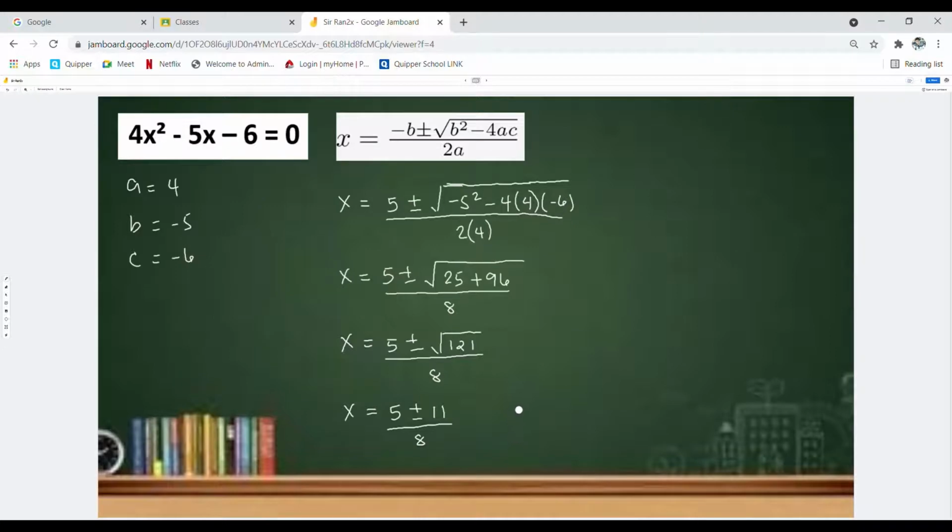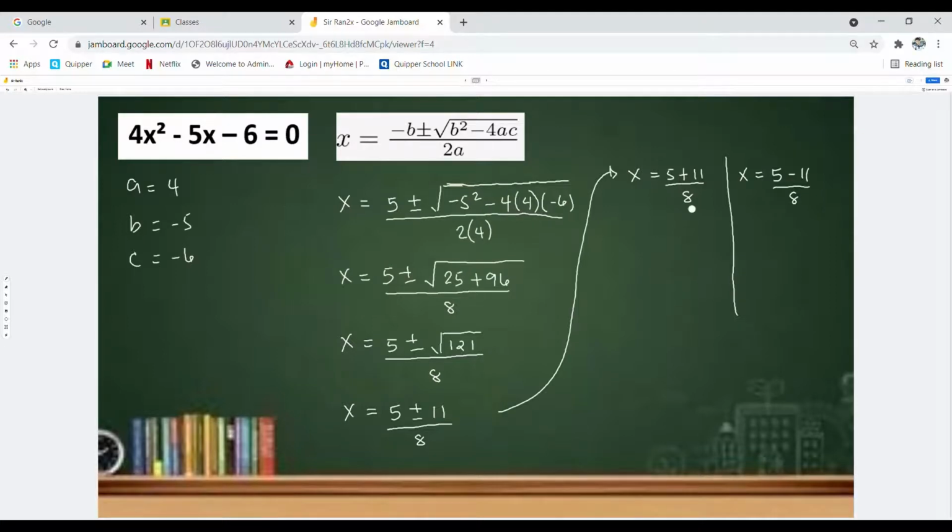So what's next to do is, of course, separate the +11 and the -11. So for your first x, you will have 5 plus 11 over 8. And for your other x, you have x is equal to 5 minus 11 over 8.